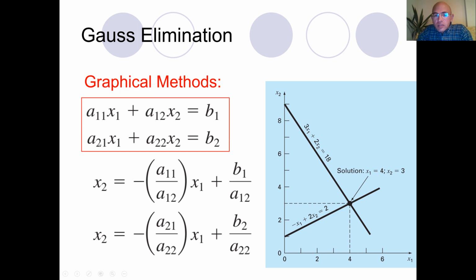And it is the same for the second equation. We have a21 multiplied by x1 plus a22 multiplied by x2, and that's equal to b2.